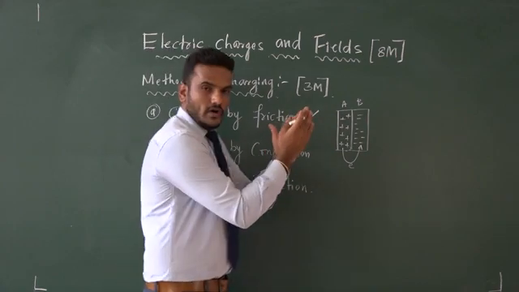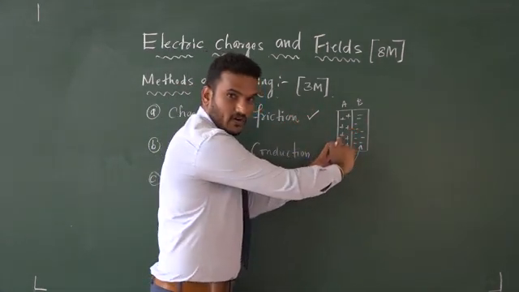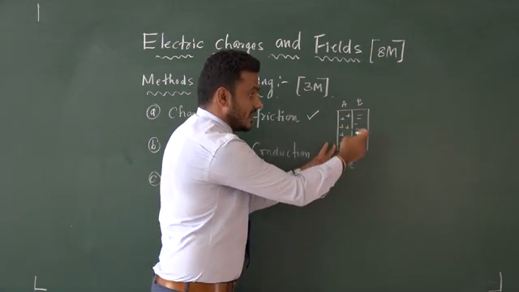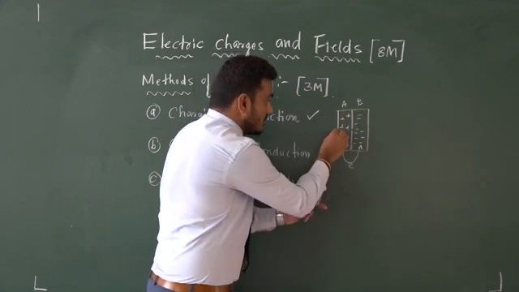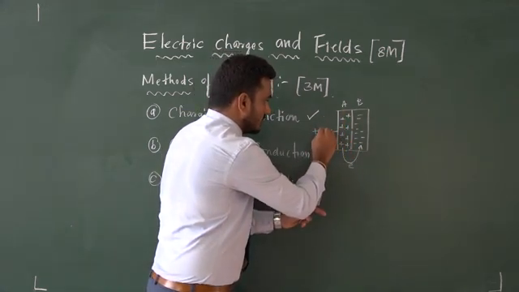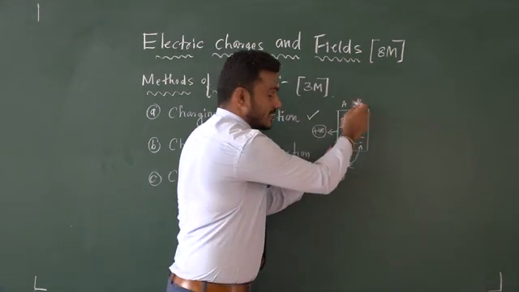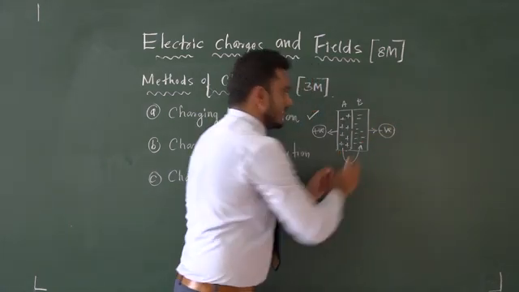So when the 2 bodies are rubbed against each other, at the point of contact, electrons are transferred from one body to another. The body which loses the electron, here body A, becomes positively charged body. The body which gains the electron, that is body B, becomes negatively charged body.